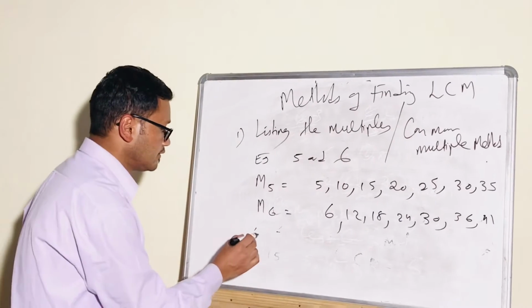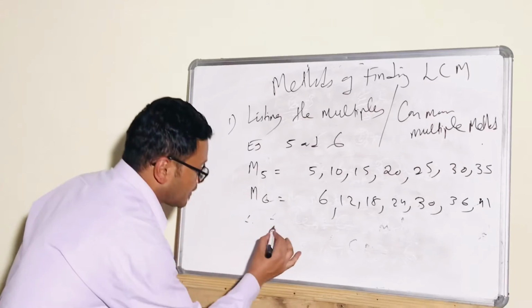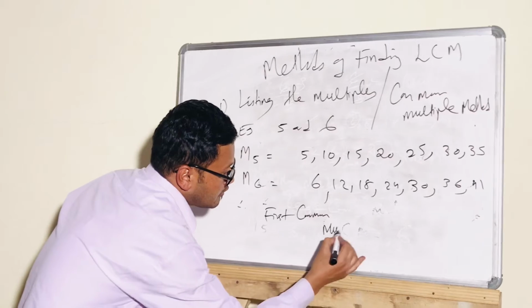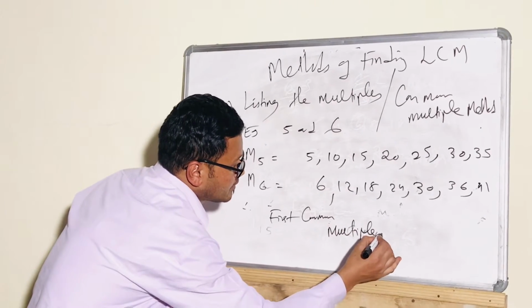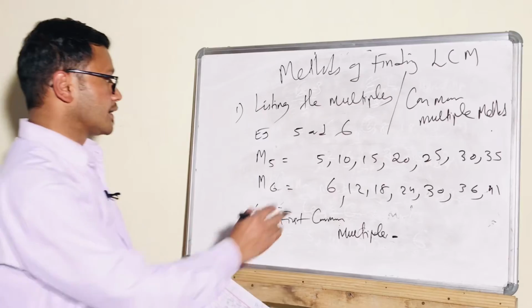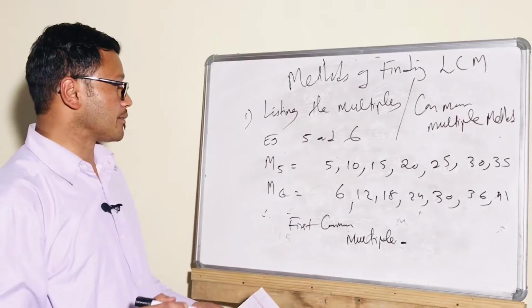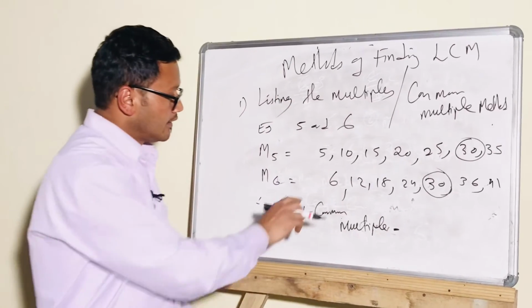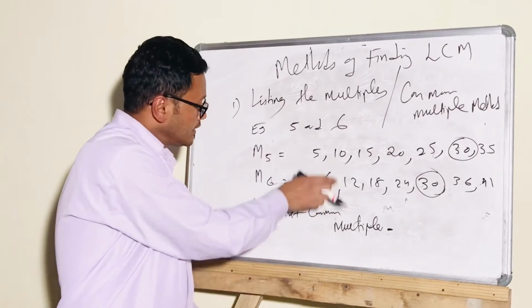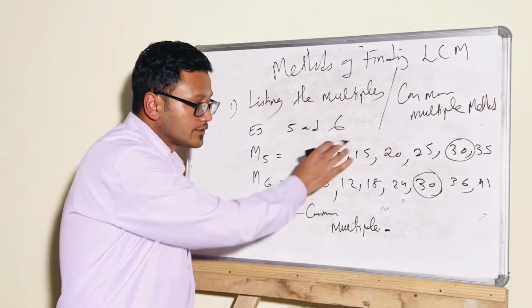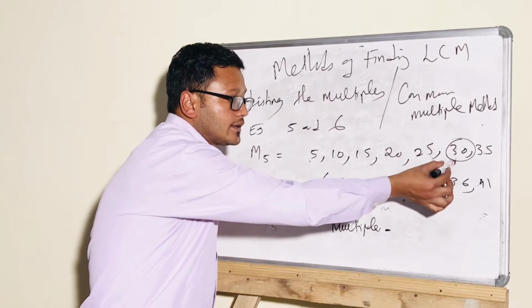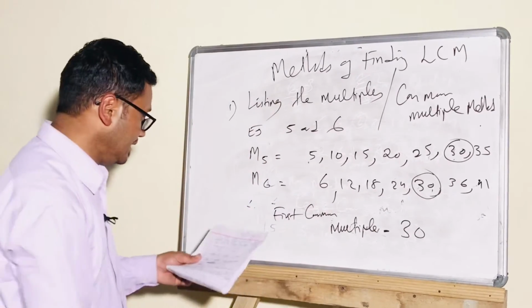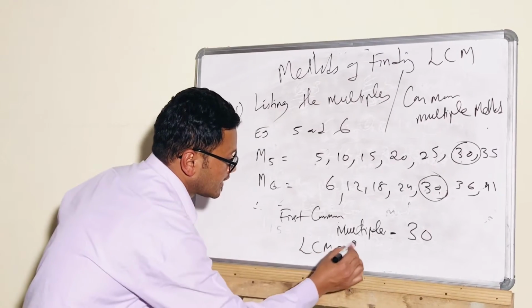Now, which is the first common multiple? After seeing these multiples, the common multiple is 30. When we compare the multiples of 5 and 6, like 10 and 12, there is no common multiple; only 30 is common. So LCM is 30.